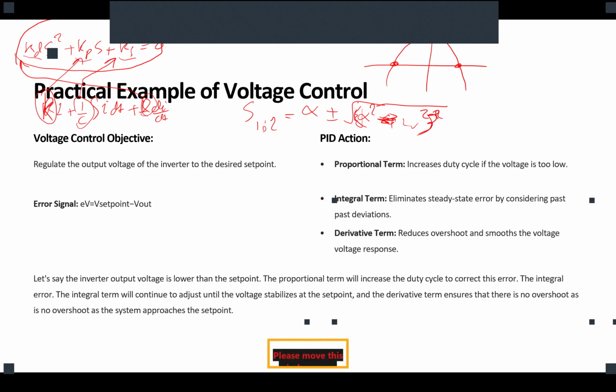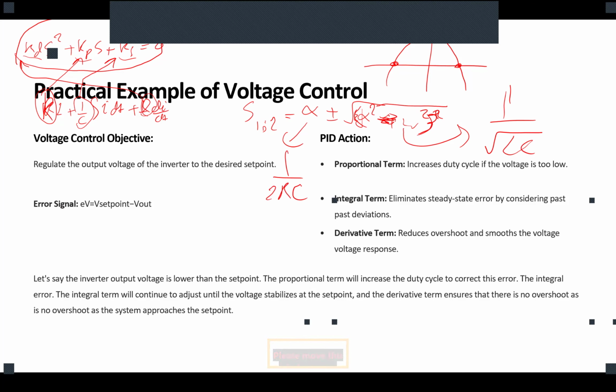The alpha is called the Neper frequency. The omega is the natural frequency. Omega is 1 over the square root of LC. Alpha, if you run the equation, you would see that, I just want to give you the answer, it's 1 over 2RC.